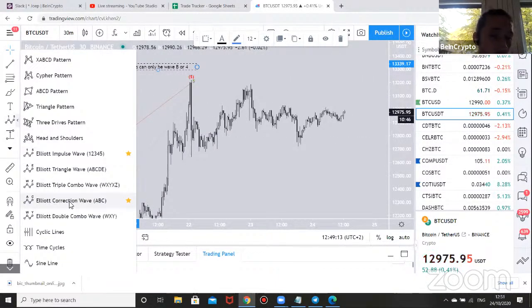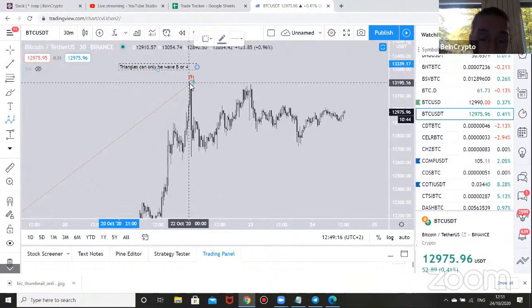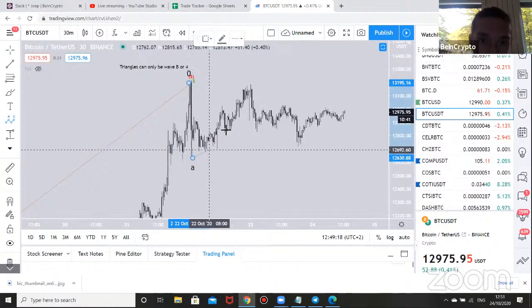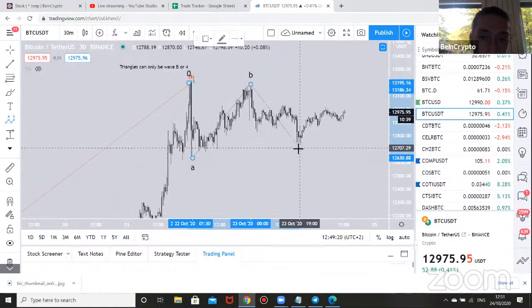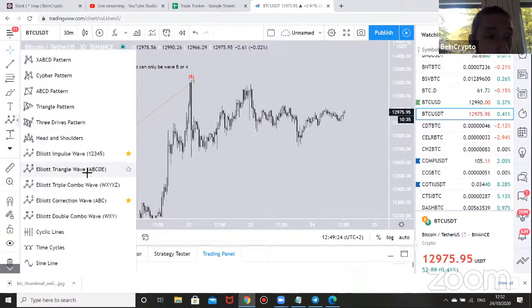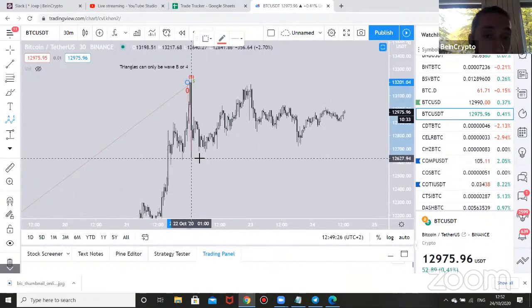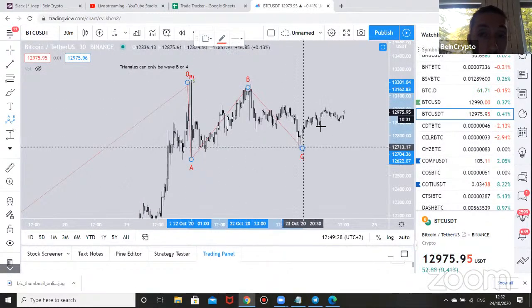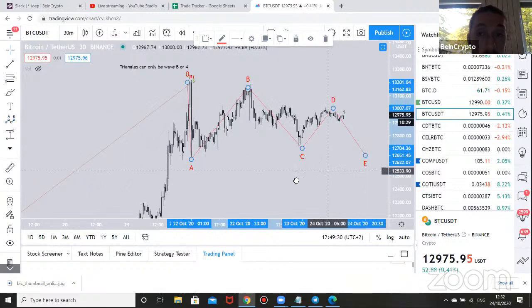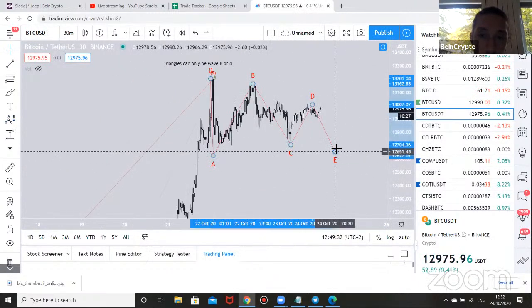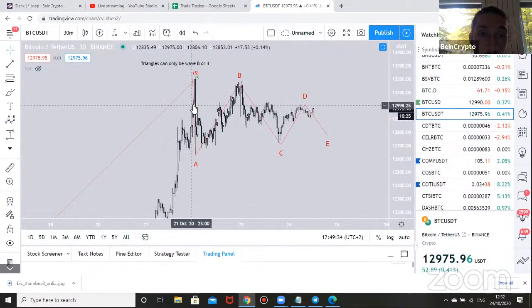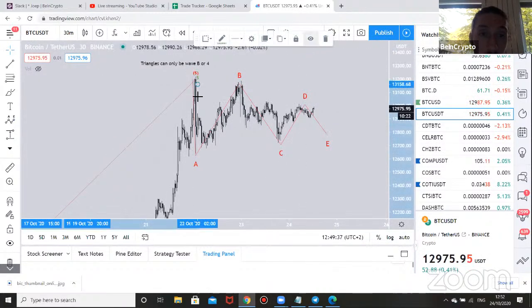So in the possibility that this is a triangle, say that this could be a triangle A, B, C, like that. A, B, C, D, E. Now, obviously, there are several rules for triangles.